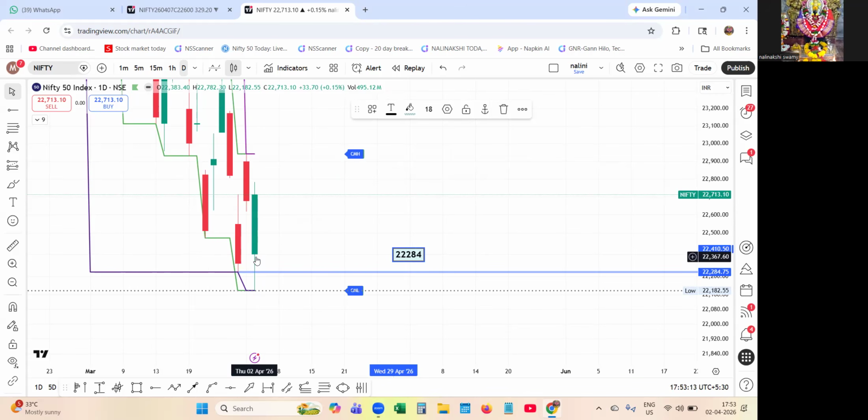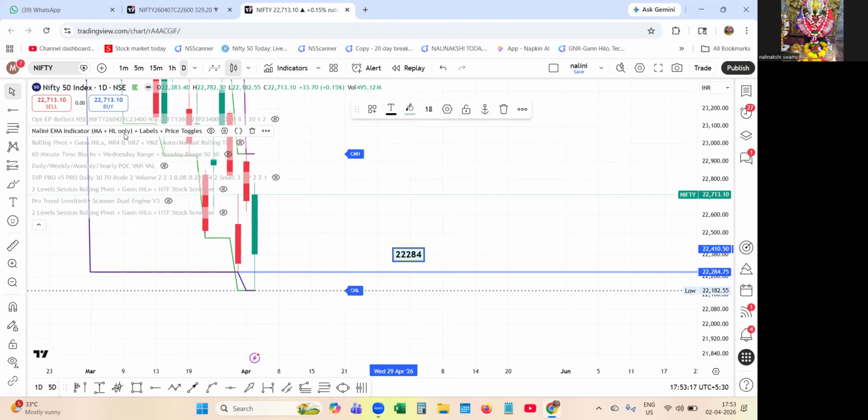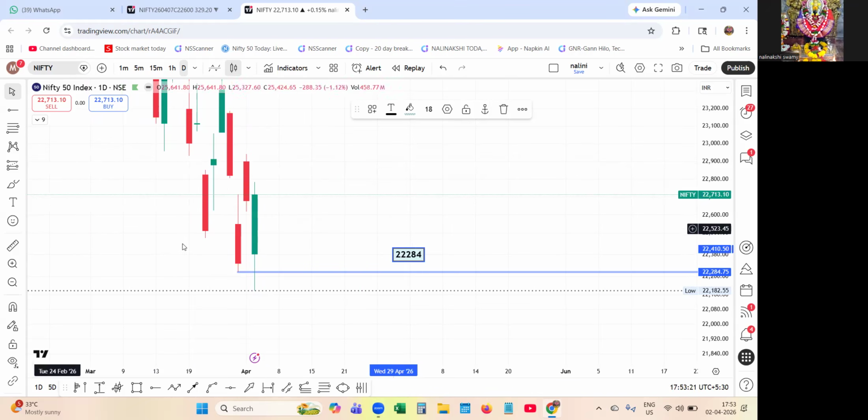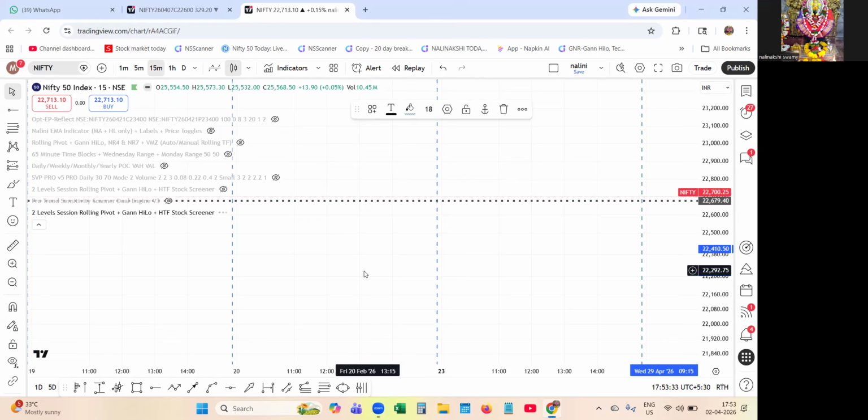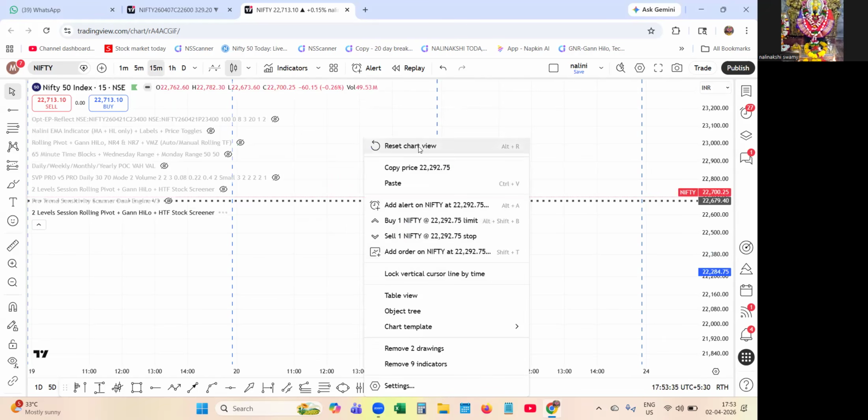The correct buying came on the 3rd hour. So let me disable my Nalini indicator so that I can show you Nalini Precision Engine, that is with the rolling pivot. I have improved that indicator. Let me apply the indicator on the 15 minutes chart.